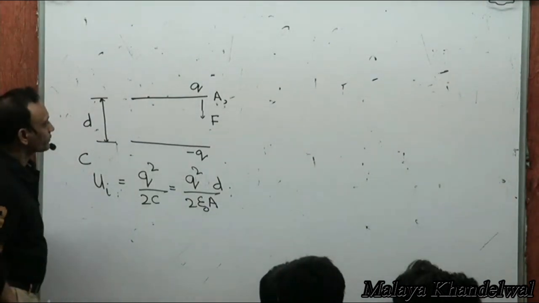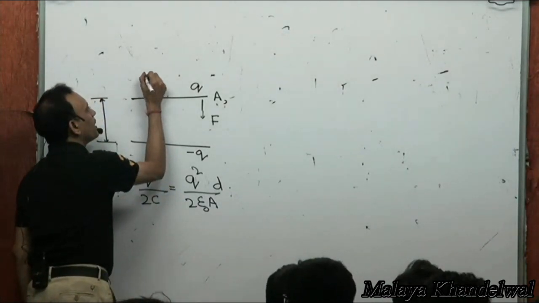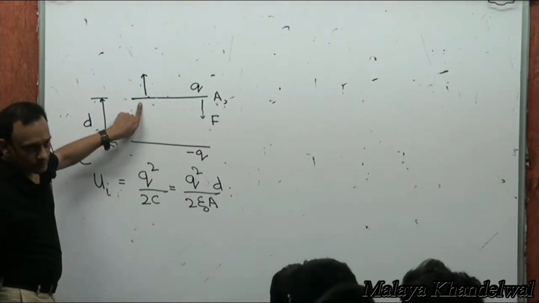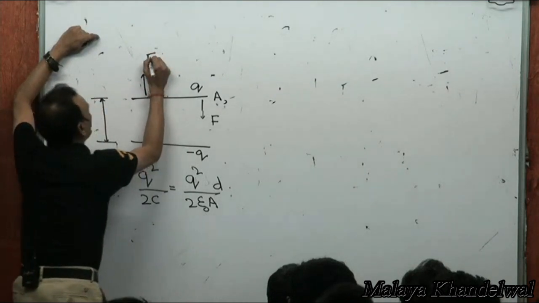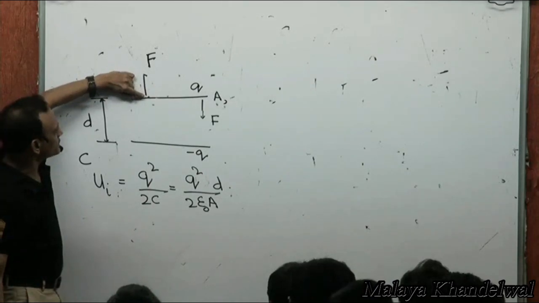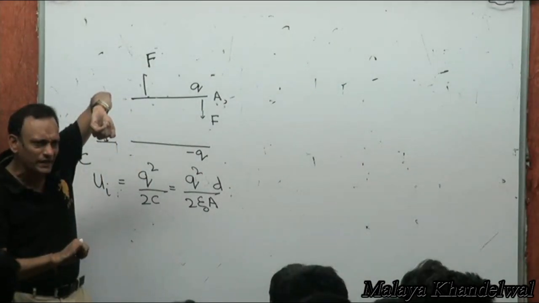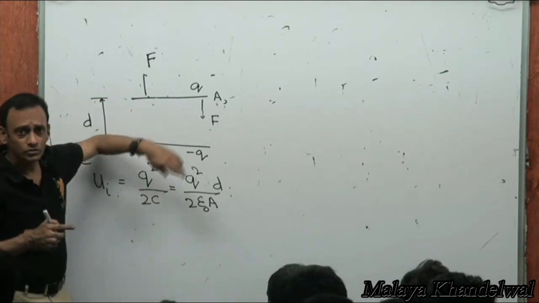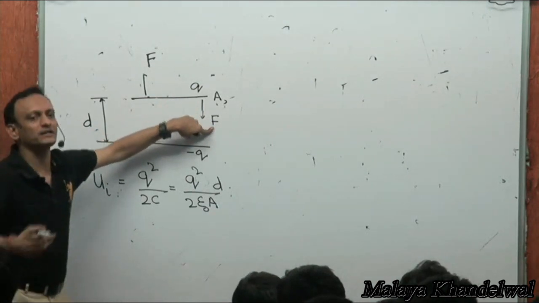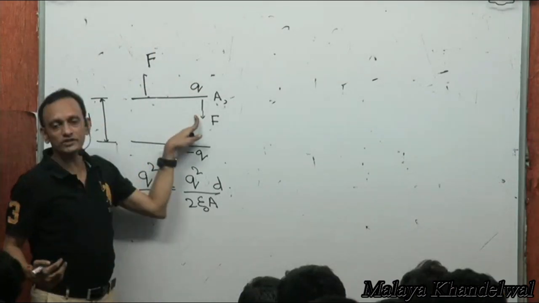Now, if I want to pull this plate apart without adding kinetic energy to it, then I must just about apply an external force F upwards, so that I could move this upper plate. Slightly more than F in reality, but for all practical purposes almost equal to F, so that I could pull this plate up opposing this force F.